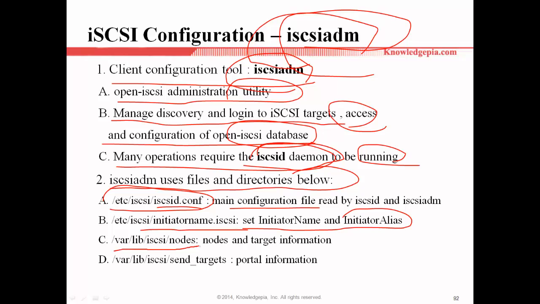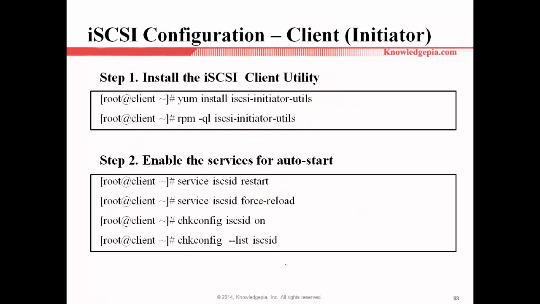And the node directory, /var/lib/iscsi/nodes, and send_targets. If you successfully bring the iSCSI target information to the client, then the iSCSI client will save this kind of information here, in nodes and send_targets. So in this directory, we can check the iSCSI server information.